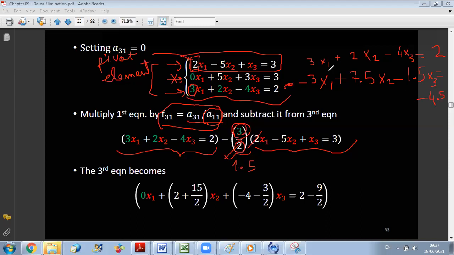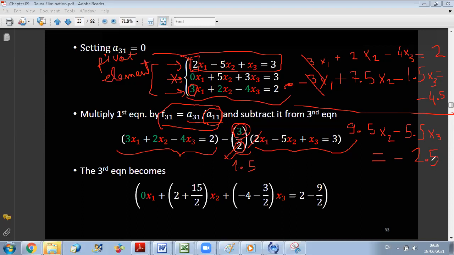And now I add the two expressions and أنا الماينس فوتته على equation. Okay, so now if you add the two expressions 3 minus 3 it will cancel out. You have 2 plus 7.5, so it's 9.5 x2. You have minus 4 minus 1.5 يعني minus 5.5 x3 equals to 2 minus 4.5 which is minus 2.5.